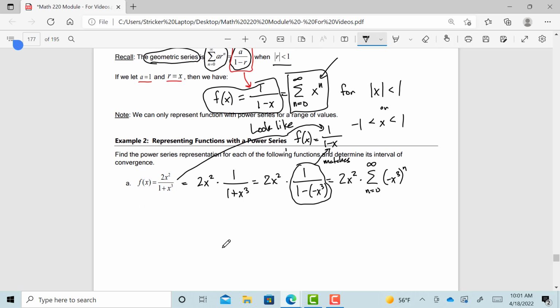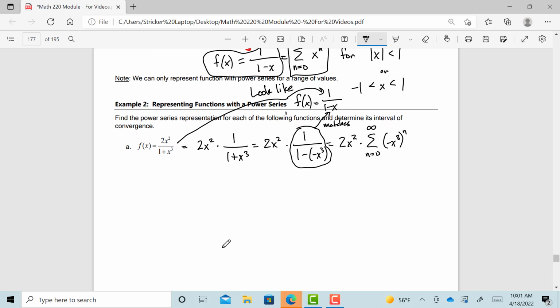And so then it's just a matter of algebra after that. So this is the same as 2x squared times the sum of -1 to the n times x to the 3n. Now, how do we get that? Let's go ahead and do a little math on the side, just to make sure you're okay with that.